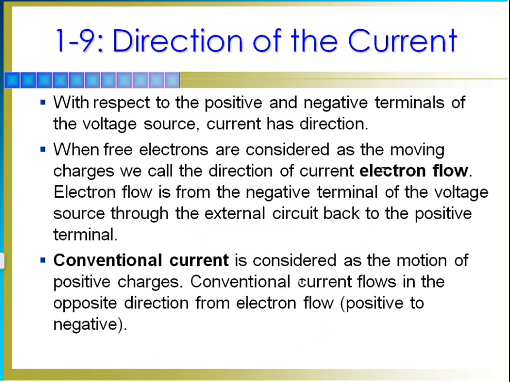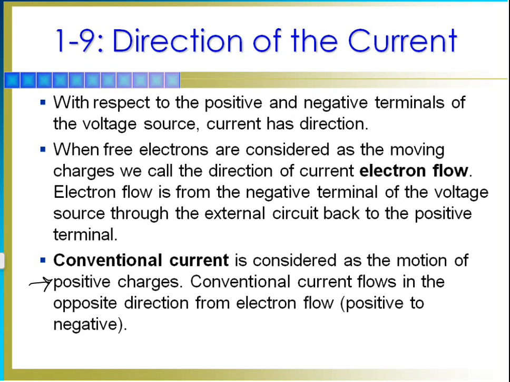All right. We've talked about the direction of current. Current flows from negative to positive. That's electron flow, and that's what we're going to work off of in this class. Now, conventional flow is considered the motion of positive charges.